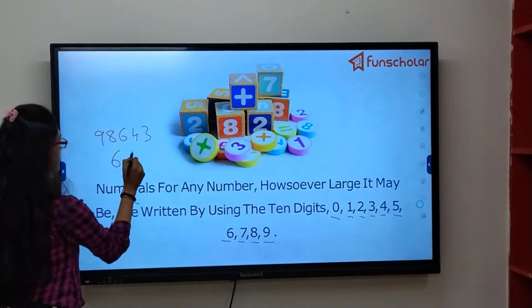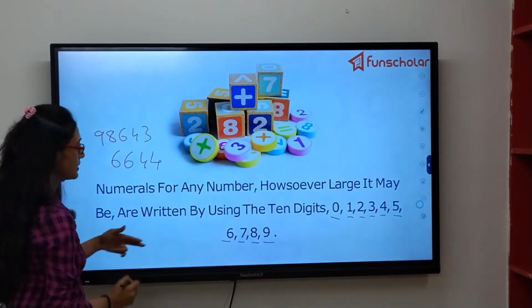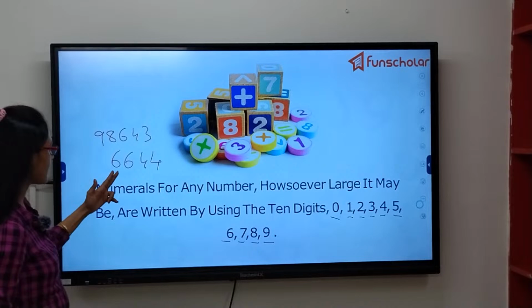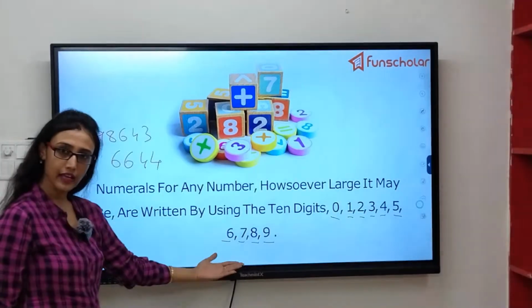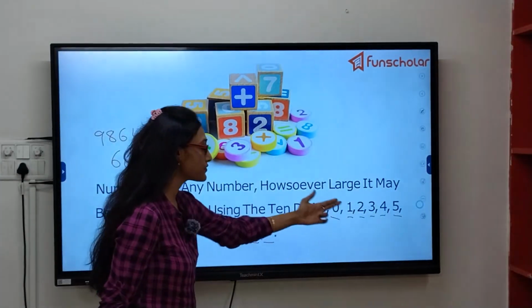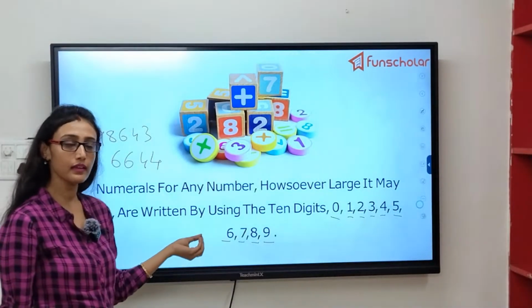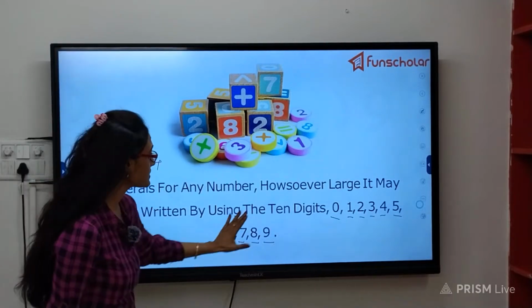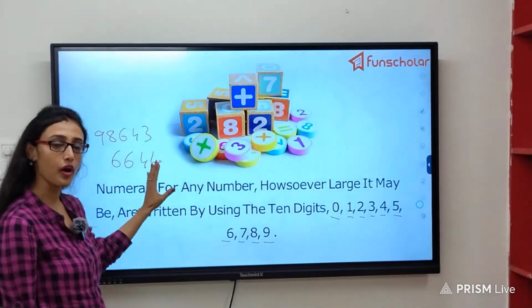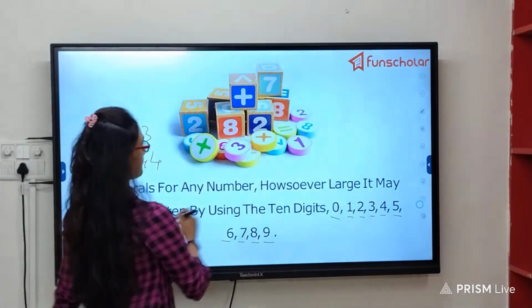If I write 6, 6, 4, 4, see, I have repeated 6 twice and 4 twice. Again, I have used the numbers from here only. So, however large or small the number may be, only these 10 digits are used to form any number. Okay.